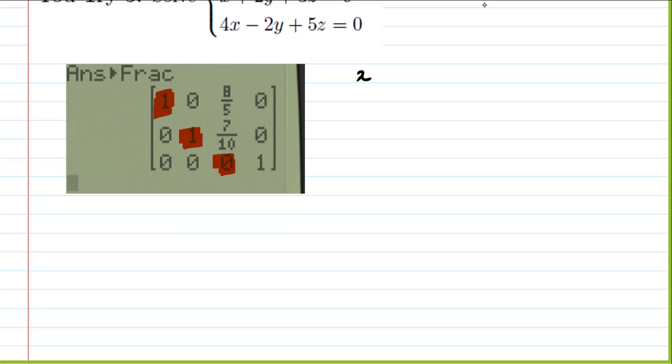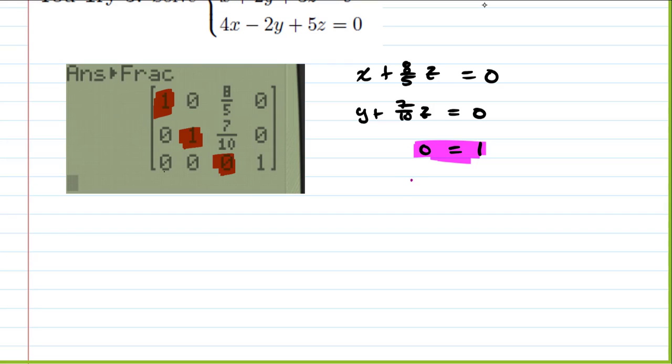And our equations are x plus 8/5 z equals 0, and we have y plus 7/10 z is equal to 0. And our last equation is 0 plus 0 plus 0, so that's 0 equals 1. This is false. 0 does not equal 1, so there's no solution.